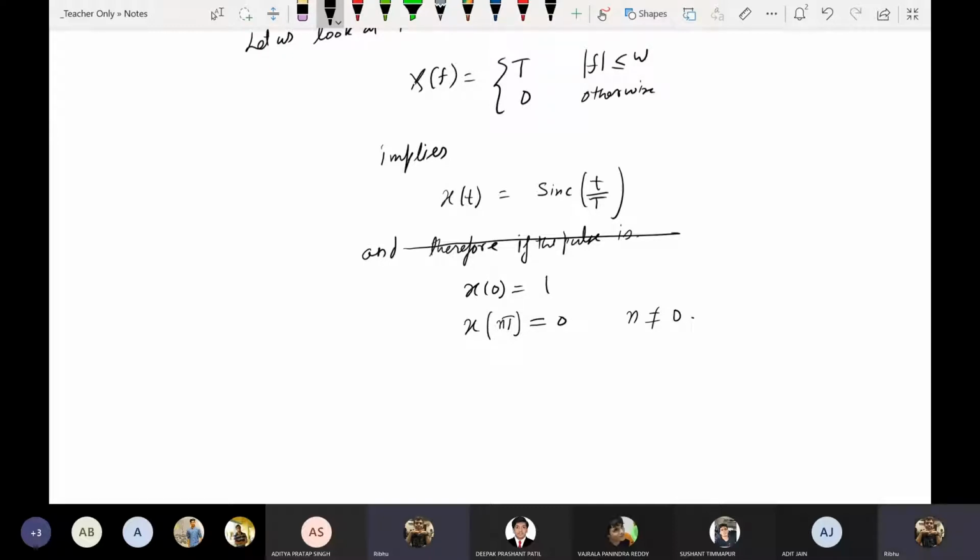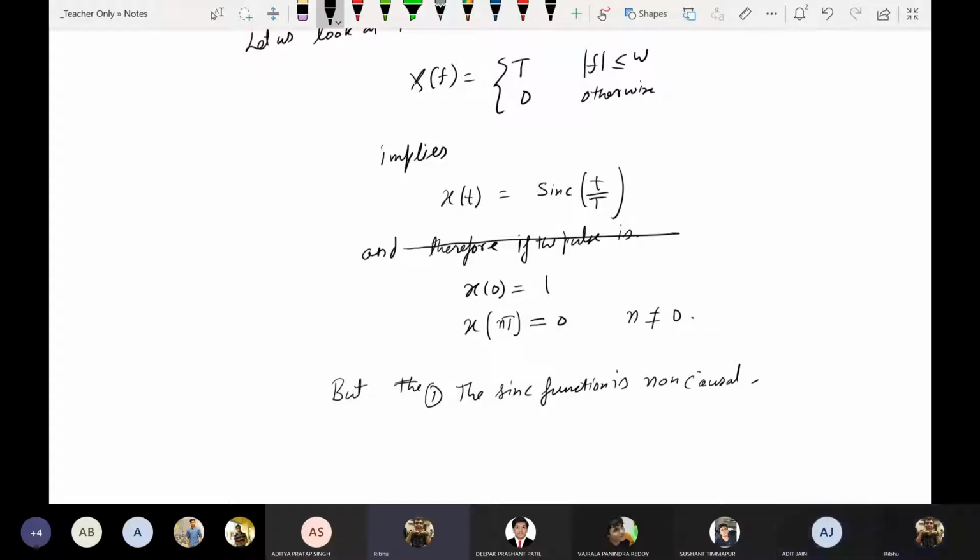We have derived, we know this about the sinc function. So this is good, but there is a problem. Sinc function is non-causal. Agreed?